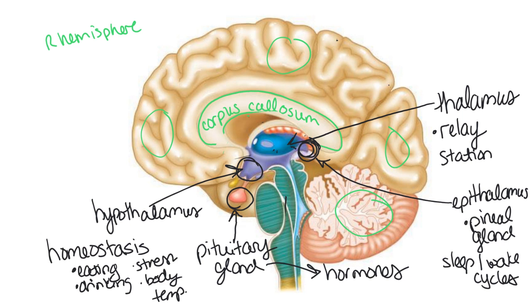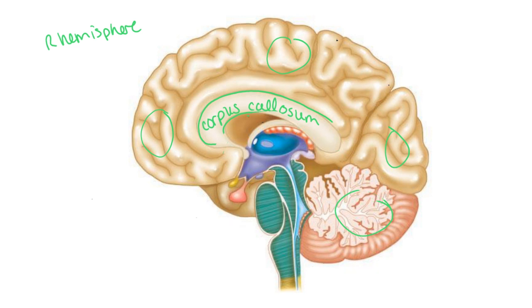Okay, as we move down into the brain stem, let me clean this up again a little bit. So the brain stem contains three parts: midbrain, pons, and then the medulla oblongata. So we're going to start up top with the midbrain. So this area here is the midbrain.